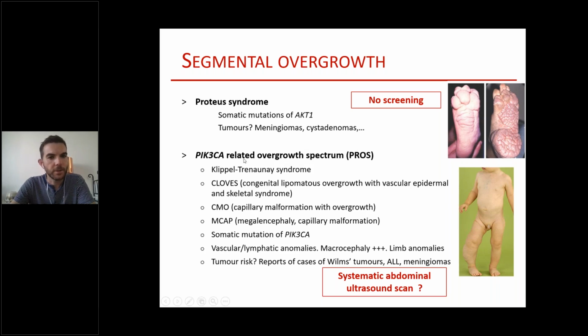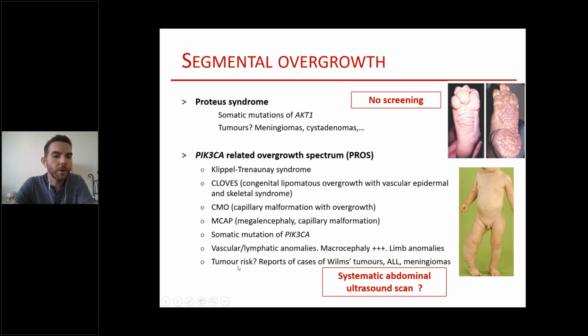I will finish with the PIK3CA related overgrowth spectrum, which is called PROS. PROS is represented by several conditions and several acronyms that are mentioned here on this slide, depending on which tissue is affected. So PROS is due to somatic mutations of PIK3CA, and all these syndromes have in common, aside from the segmental overgrowth, vascular or lymphatic anomalies, anomalies of the skin, and usually the head circumference is increased.